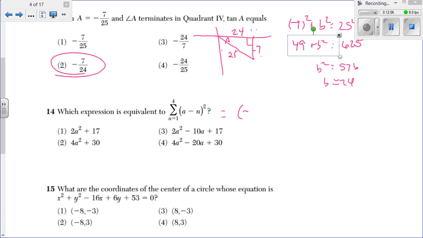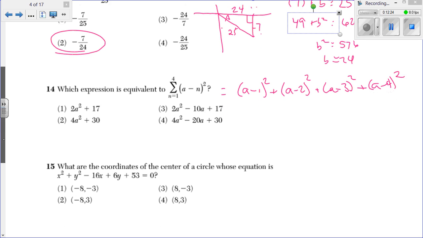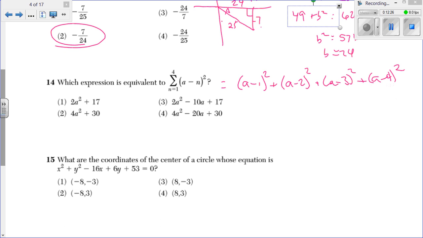So we have a minus 1 squared plus a minus 2 squared plus a minus 3 squared plus a minus 4 squared. And what that squared really means is write it twice.